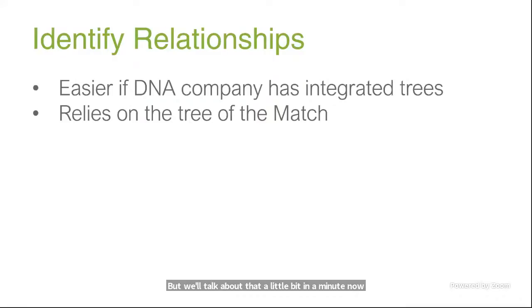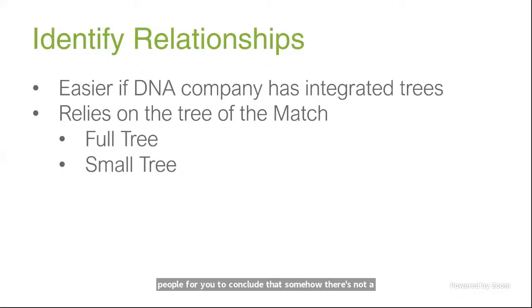Now I kind of categorize the types of trees that you'll run into. There are some that I call full trees, and full trees are where there's enough people that you can spot the common ancestor pretty easily, or there's enough people for you to conclude that somehow there's not a common ancestor. Again, we'll talk about that one in a minute as well. There are people who have what I call small trees.